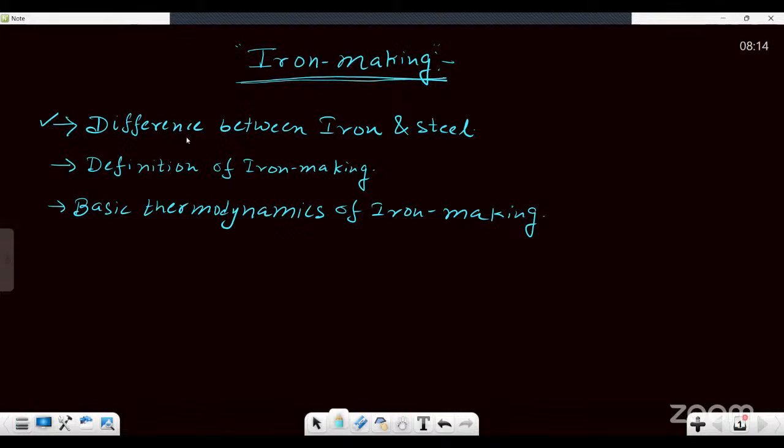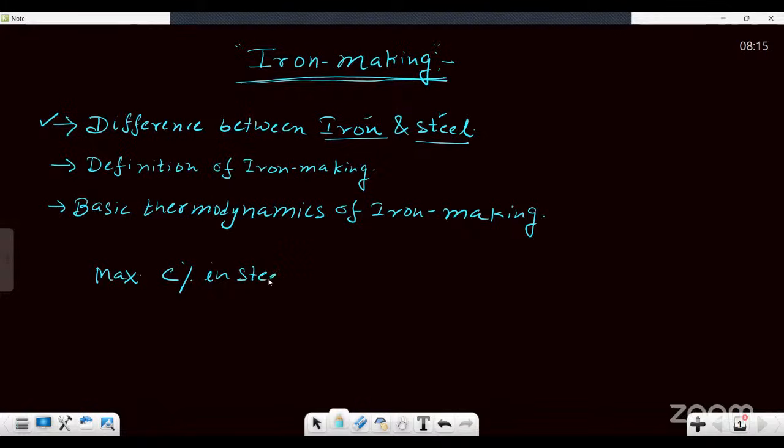First, let us take up the first question: what is the difference between iron and steel? Now, we all know what steel is. Steel is an interstitial solid solution of carbon in iron. Steel is predominantly iron only, but when we add carbon, it gets into the interstitial voids and strengthens the material that we call steel.